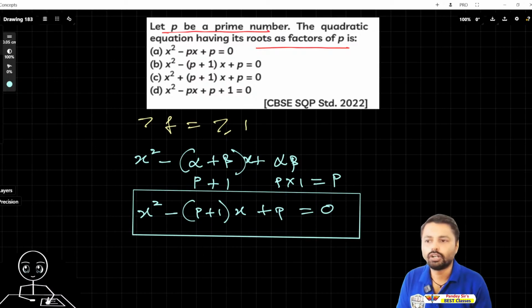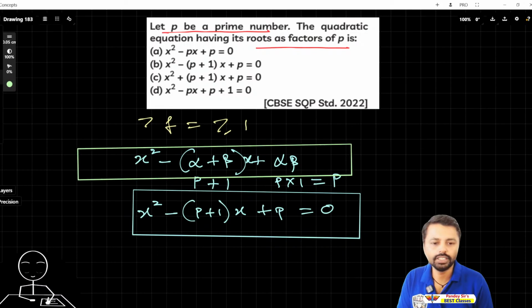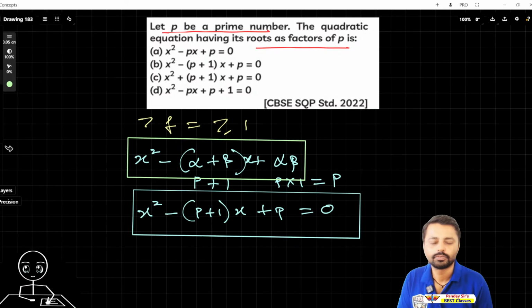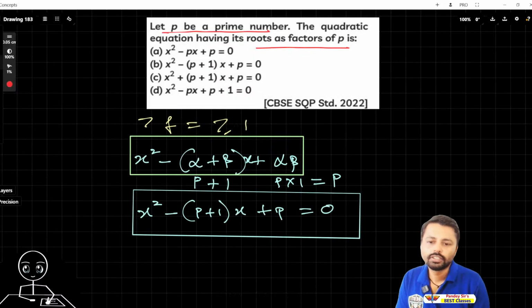Okay, so always remember this formula in your mind: x square minus (alpha plus beta) x plus alpha beta equal to 0.